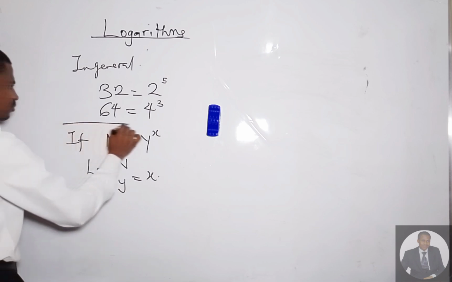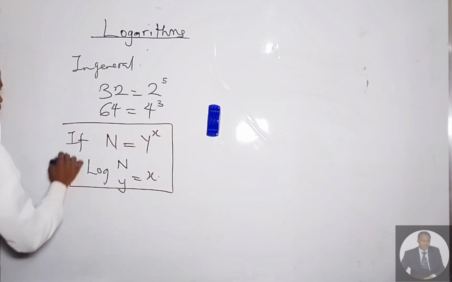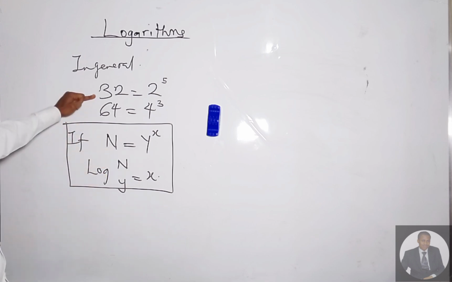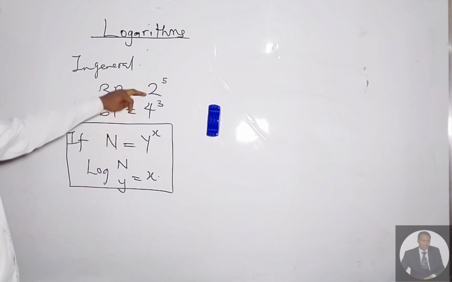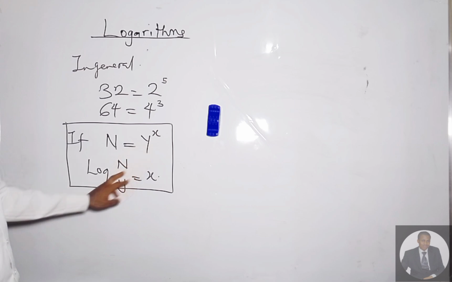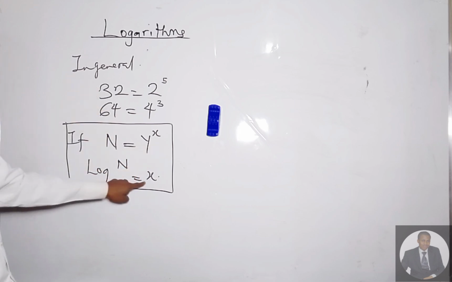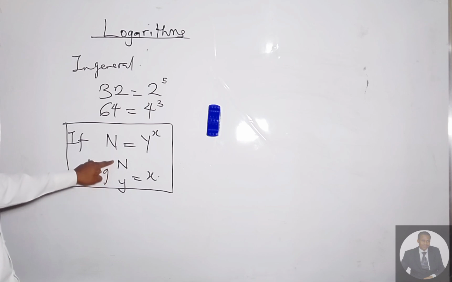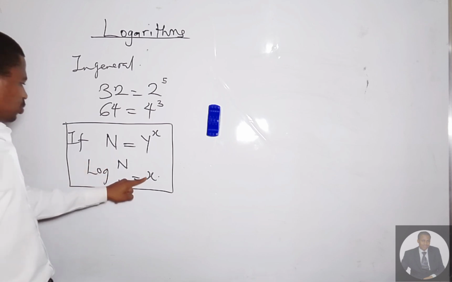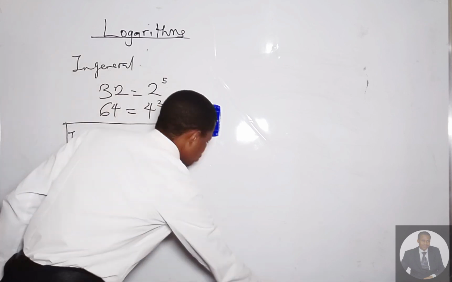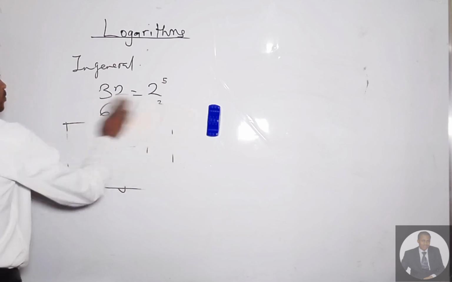So this is the formula we use for logarithm. If n, 32, is equal to 2 to the power of 5, it means the log of 32 to the base of 2 will give us 5. The log of n to the base of y will give us x.